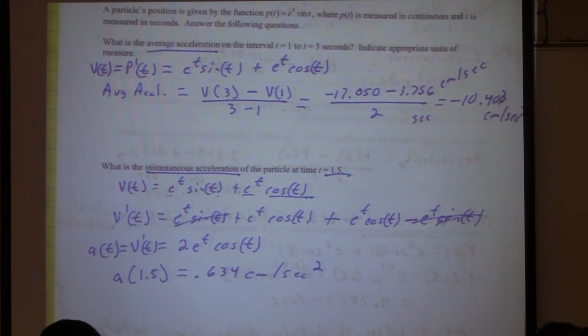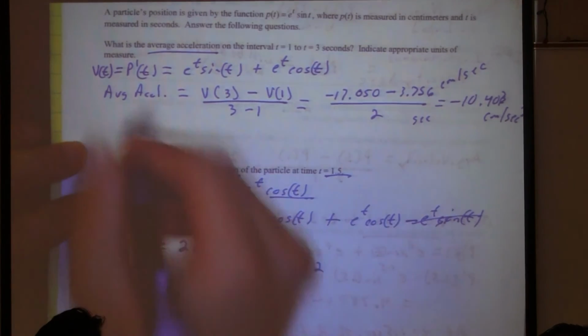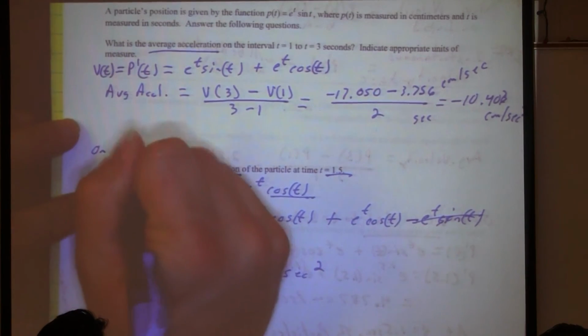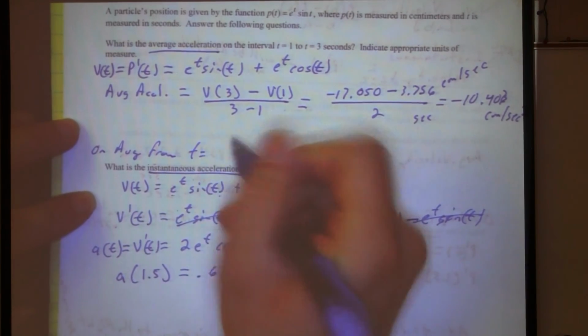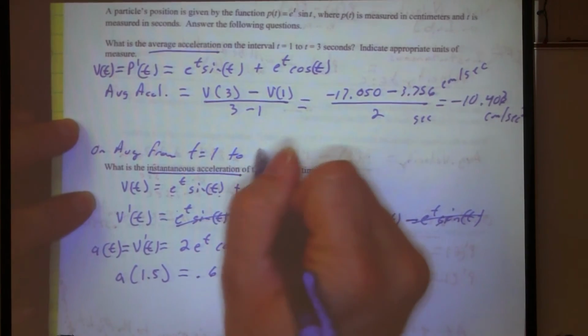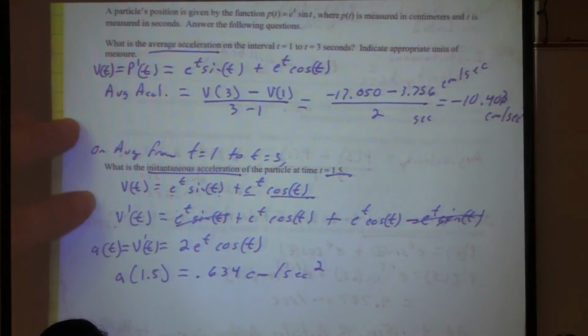We didn't write what they represent, right? So let's go back and do that. What does this one represent in words? Centimeters per second per second. On average, from t equals 1 to t equals 3, what can you say?